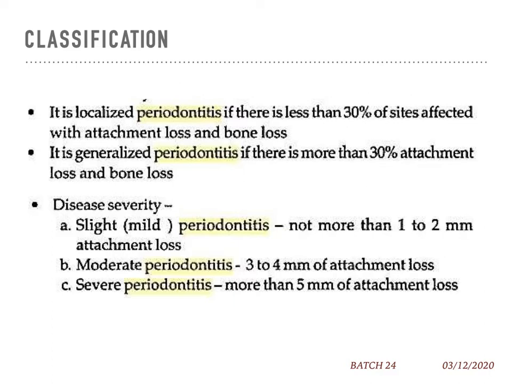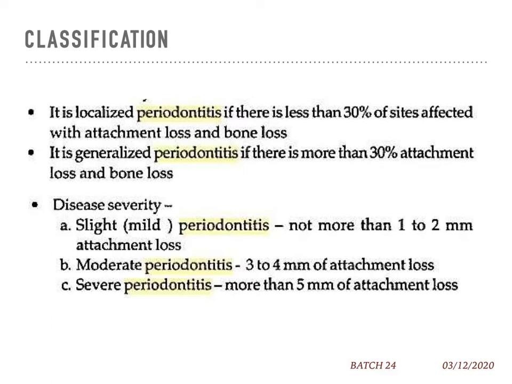Here we mentioned it as sites. Sites is basically the number of sites you probe in the oral cavity. Each tooth we usually probe 6 sites: mesiobuccal, midbuccal, distobuccal, mesiolingual, midlingual and distolingual. So these 6 sites make up a single tooth. There are 32 teeth, and 32 teeth times 6 is the total number of sites.